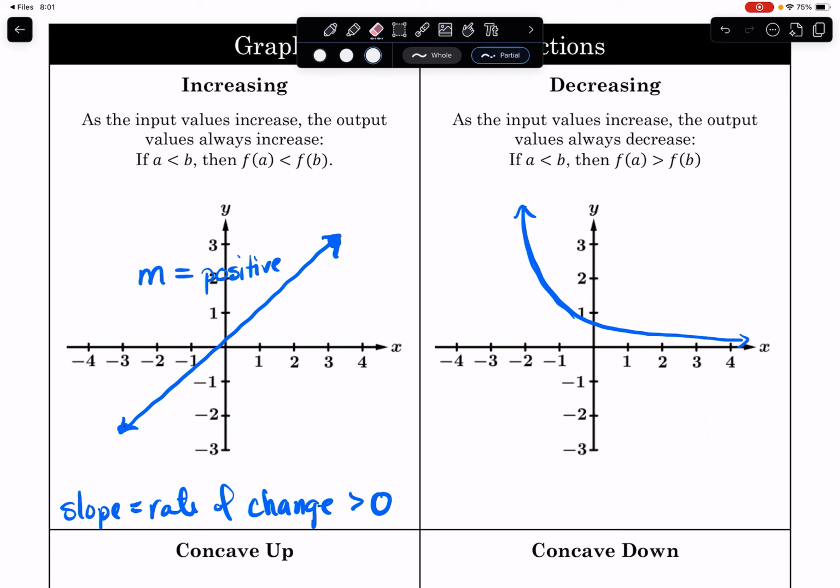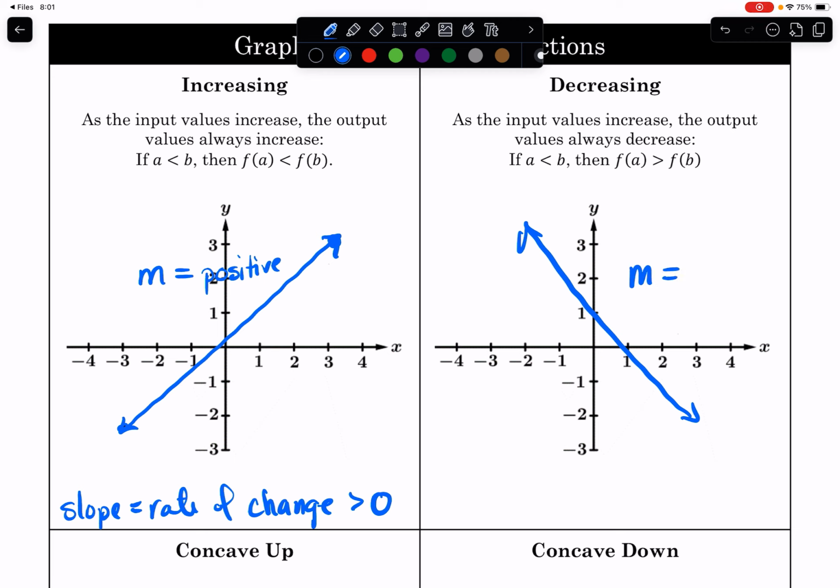Now, if our function is decreasing, just like a line that's going downwards, we know from Algebra 1 our slope is equal to a negative number. So that means that our rate of change is going to be less than 0 every single time.